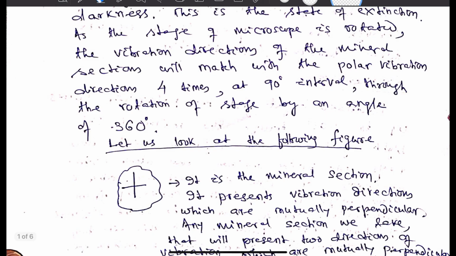This is the mineral section, and as I have told, every section has two fixed directions of vibration. This is the direction of vibration fixed for this mineral section.